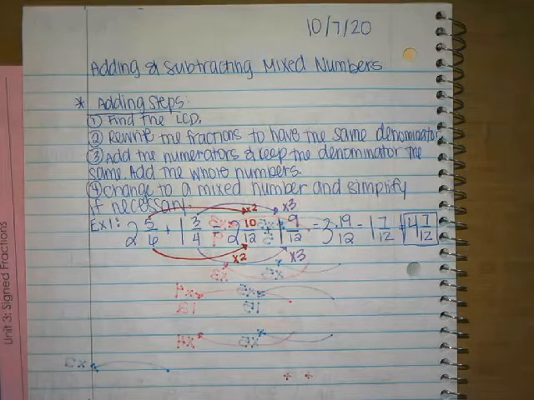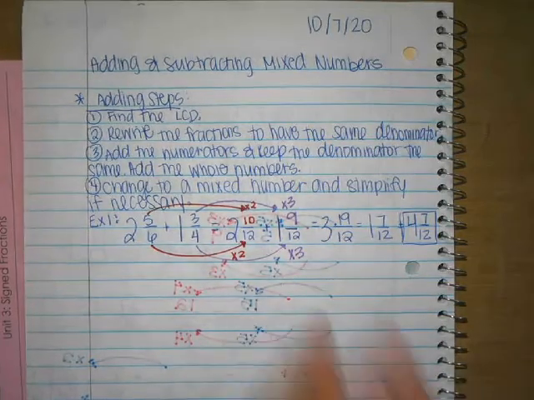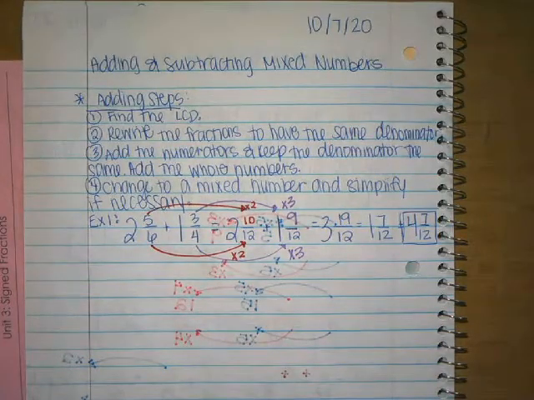What's it called? What can I change it to, guys? That's that word. So, your other way that you can do this is you can take both mixed numbers, change them to improper fractions, get a common denominator, add them, subtract them, and then follow all your steps.